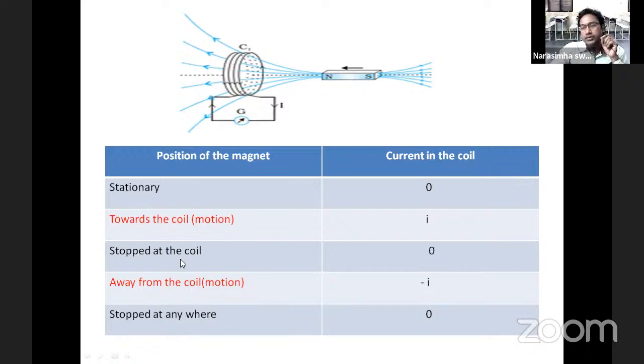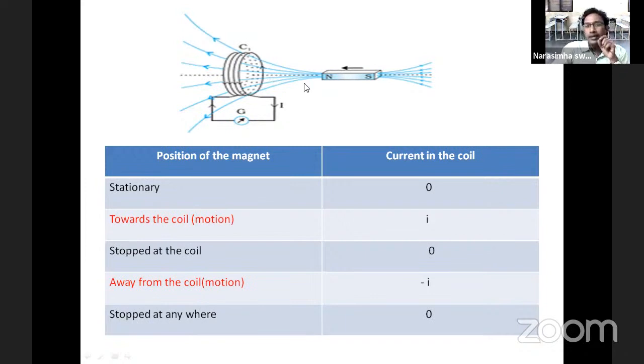Then what happens? Whether it is near or far, when the magnet is stationary, the lines of force coming out from the magnet will be fixed. Means a fixed amount of lines of force will enter, even though the magnet is very near to the coil.